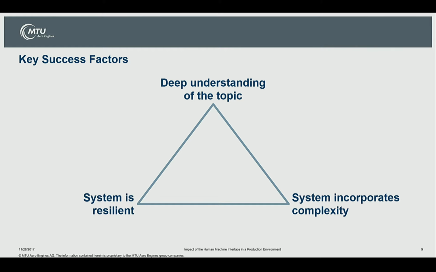The next thing, the system is resilient. That means you have a robust process, it's stable, it needs a low amount of maintenance, and whenever you do something wrong, it does not collapse. If you have ever worked with a non-stable system, it's a nightmare.